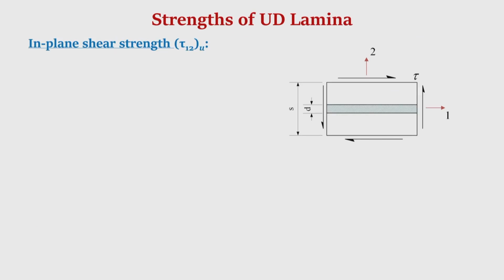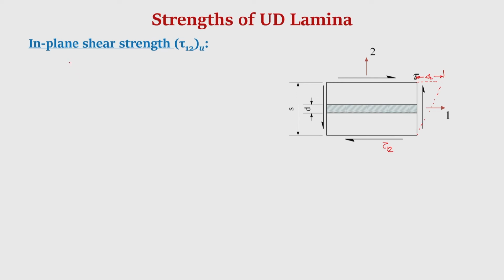Next, in plane shear strength tau 1 2. Again we take a simple RVE, and suppose it is subjected to pure shear as shown here. This is subjected to pure shear tau 1 2. Therefore, under this, consider that this is the shear deformation of the composite.